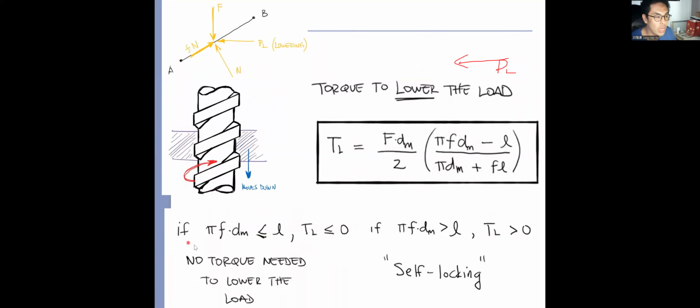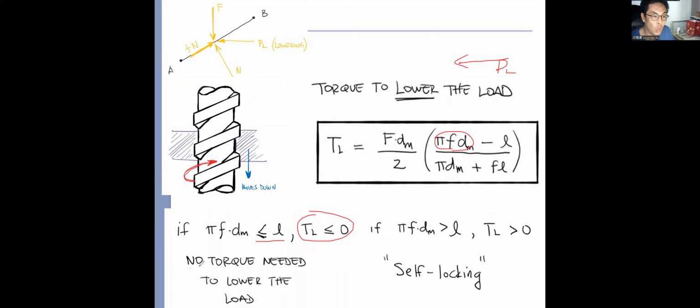If pi f dm, with f the friction coefficient, is less than or equal to L, where L is the vertical distance between points A and B, then TL will be less than or equal to 0.